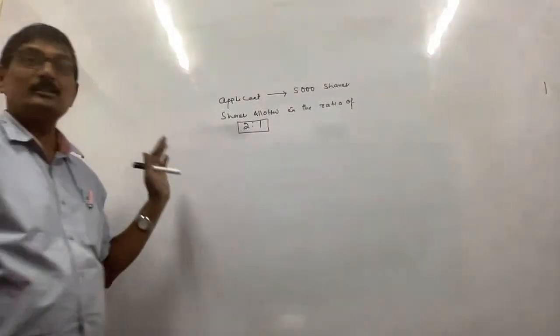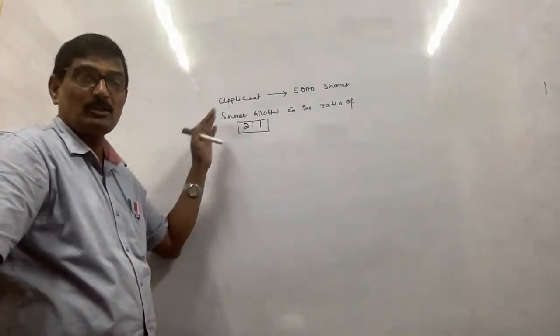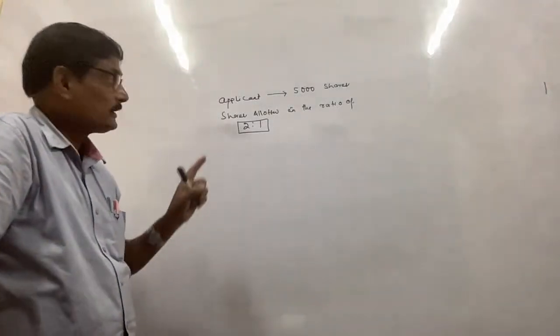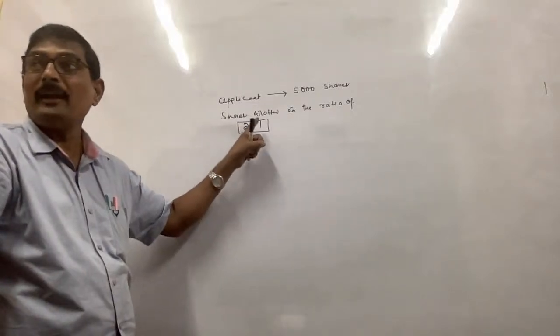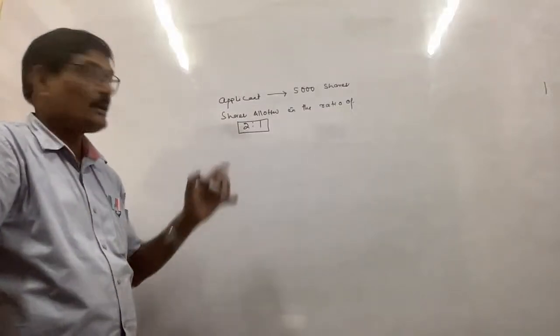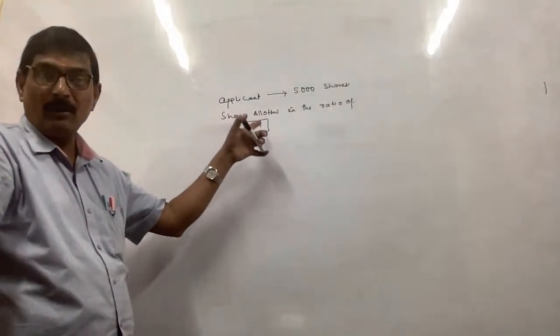When it is given in this way, shares allotted in the ratio of 2:1, it means applied for 2 shares, allotted 1 share. Applied for 2, allotted 1.